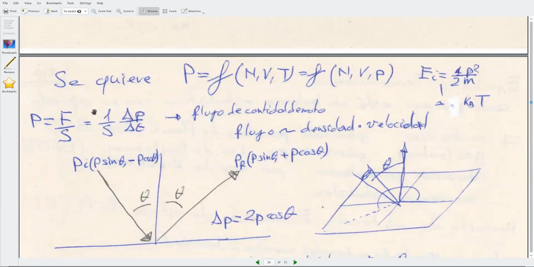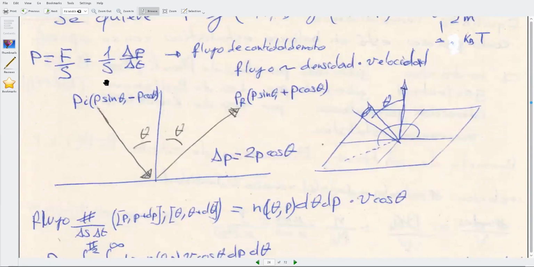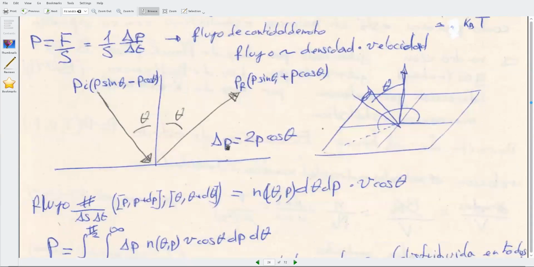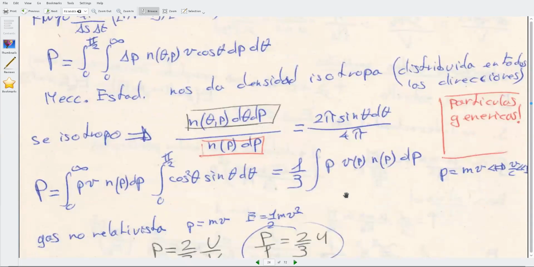Then we have all the description to calculate the pressure in general. As usual, the pressure is just the variation of momentum. Pressure is the force per surface, and force is the variation of the momentum with time. Divided by S, it is the flux of the momentum. So we know all the considerations and will not review this part.